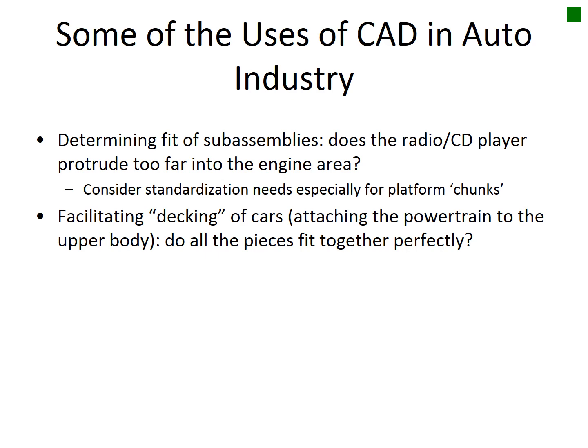This is an example attaching a powertrain to the upper body in a car. The putting together of these major modules and sub-assemblies have to fit. They have to. There's very little room for error on these types of things. As you can imagine, an automobile has hundreds of thousands of pieces associated with it.